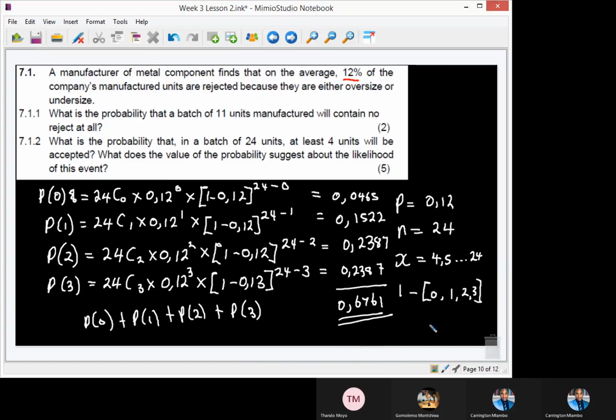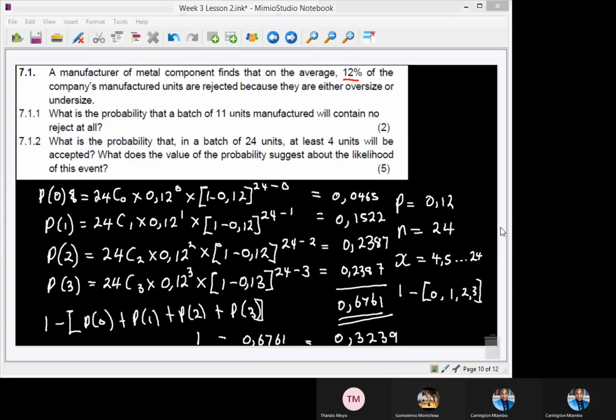And remember, we need to subtract it from 1 since we need 4, 5, 6 and so on. Therefore, you say 1 minus these probabilities. So it will be 1 minus 0.6761. Then you can get your answer: 0.3239.